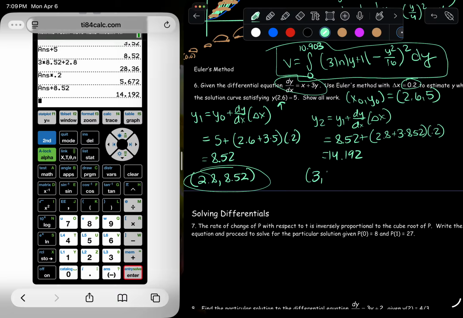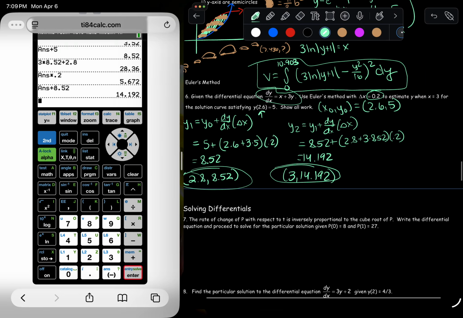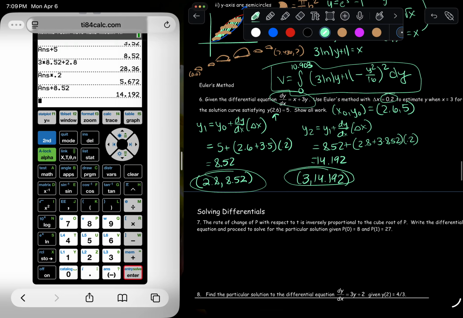We get 3, and we have 14.192. So it wants to estimate when x is equal to 3, therefore f of 3, or I guess I'll say y of 3. Y of 3 is about 14.192.